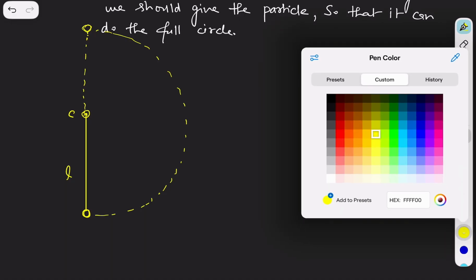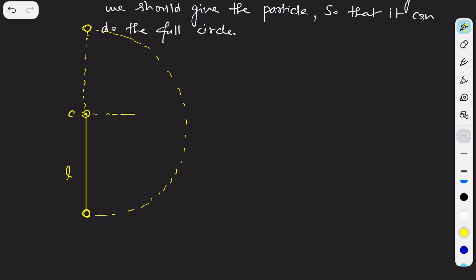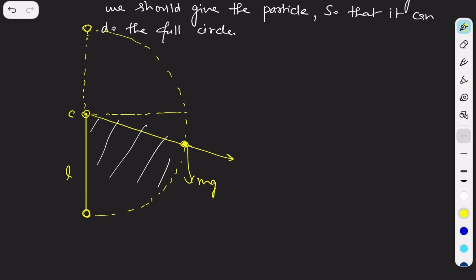If you just focus on this region, anywhere you take the string, mg is always going to have one component along this direction. Even if you go up to just below 90 degrees, you will have some small component along this direction.